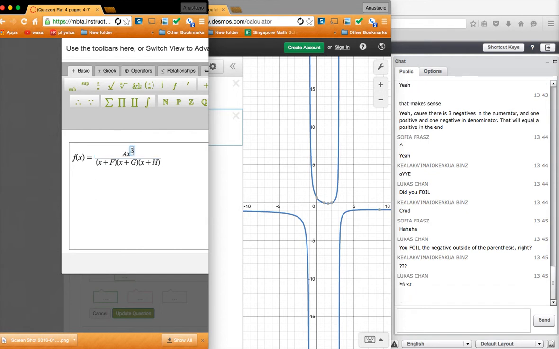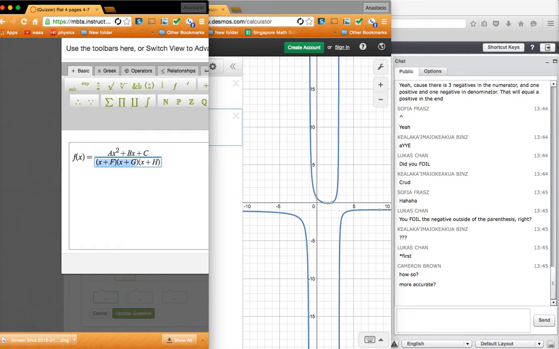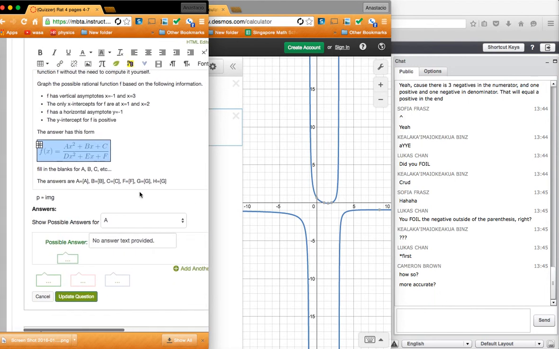AX squared plus BX plus C over DX squared plus EX plus F. Okay, how is it more accurate? Okay, fine, that's a good question. Well, my answer is this.